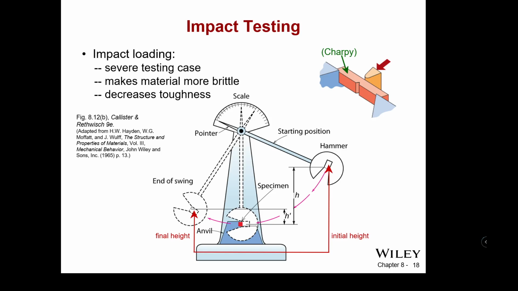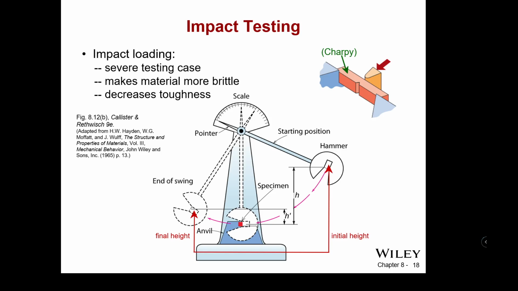The Charpy is the sample type named for, I believe, the person that came up or is credited with the test to begin with. So it's an impact loading case. You have a specimen, you have a hammer, you have a starting position, you have an ending position. The difference between the starting position for the pointer and the ending position gives us the ratio, because of the differences in height of the material in the hammer.